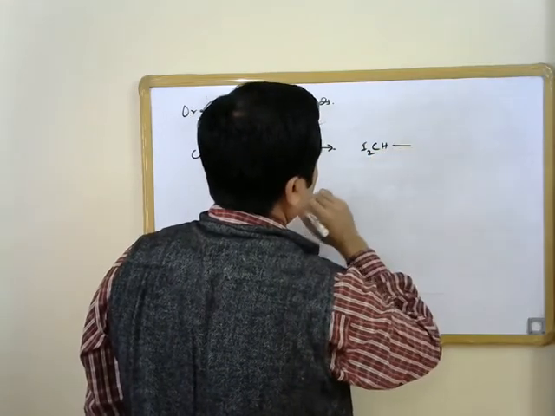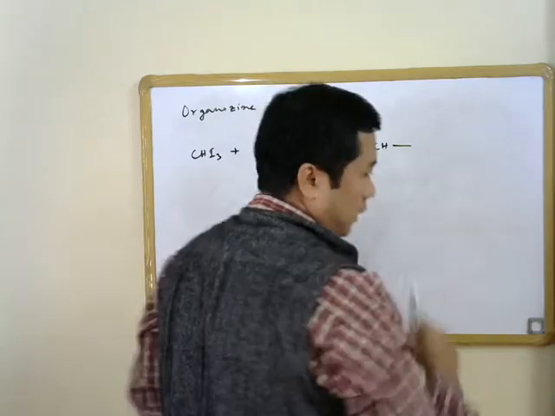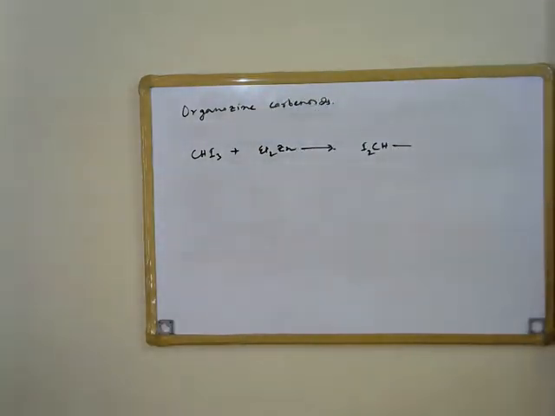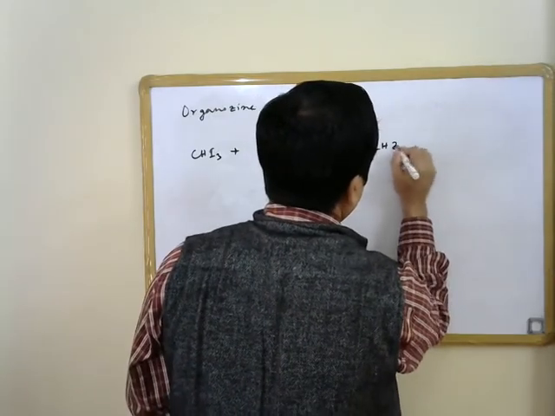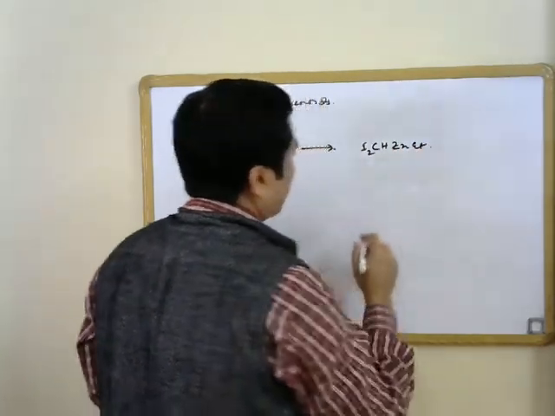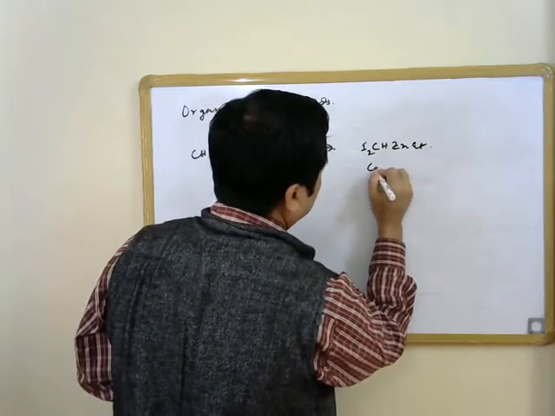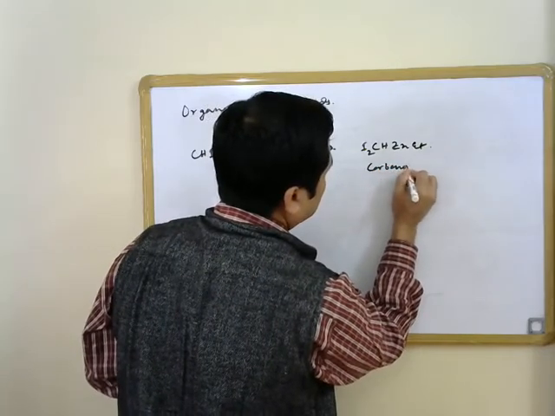CH2 here and ZnEt. Now this particular carbenoid, this is now a carbenoid we have here.